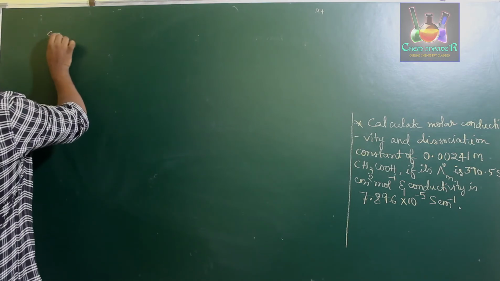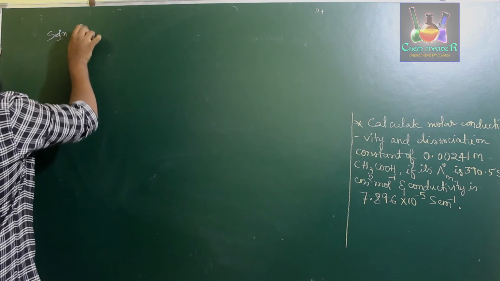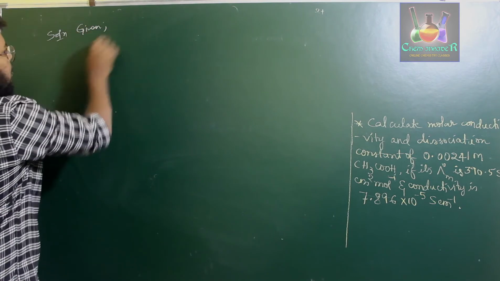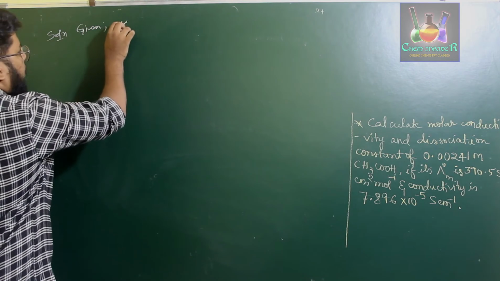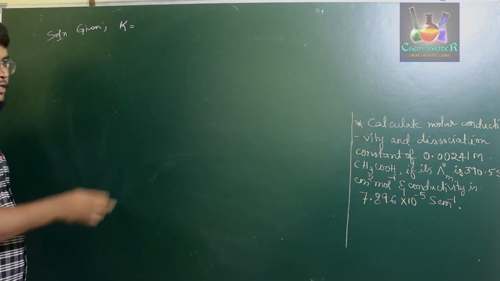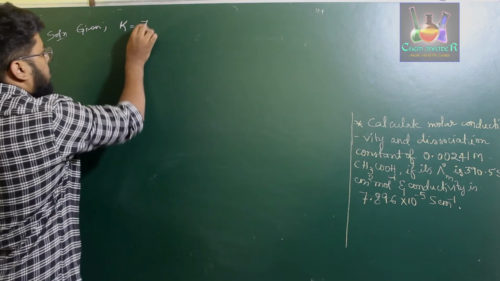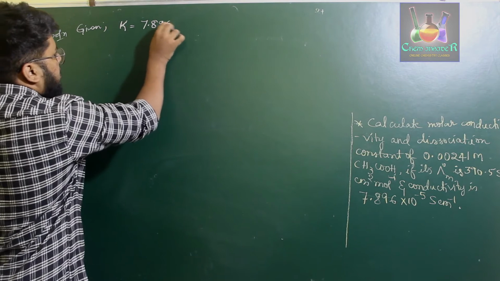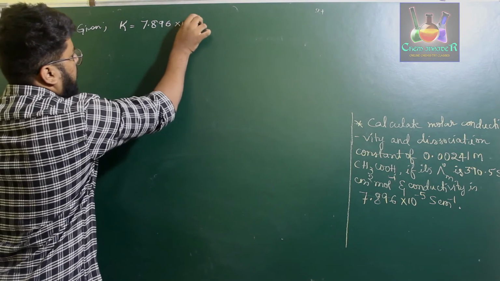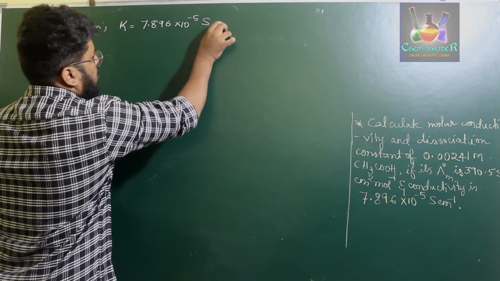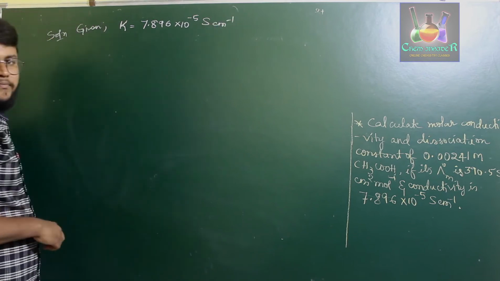Let us write down the given data. They have given the value of kappa, that is the conductivity, which is equal to 7.896 into 10 to the power minus 5 Siemens per centimeter.